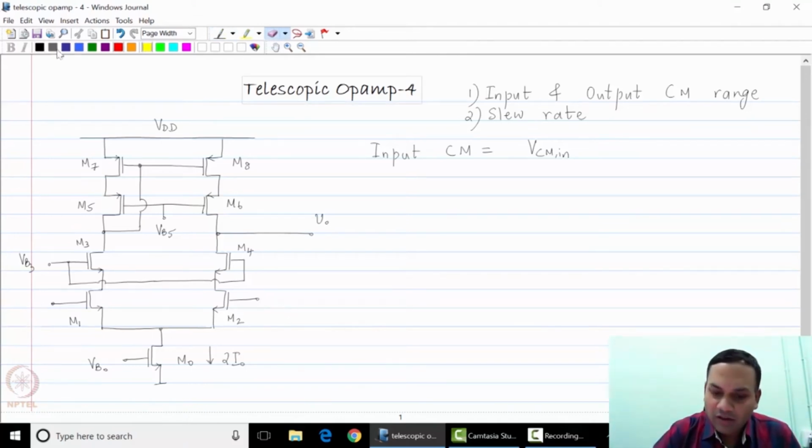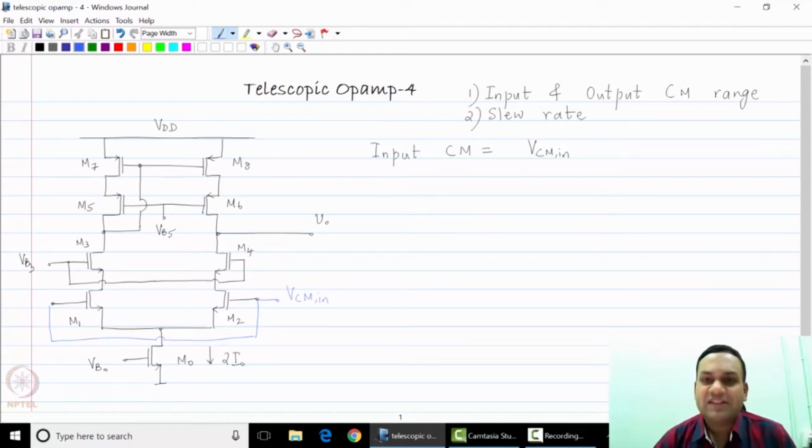Of course, when you apply an input common mode, you connect the two inputs together and apply VCM in. Now suppose you started reducing VCM in.